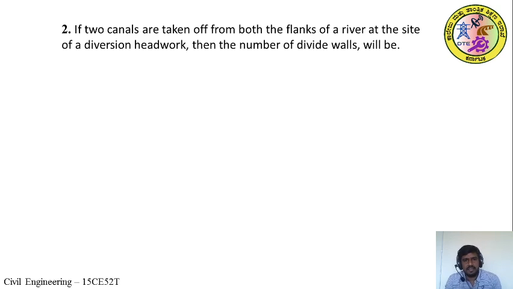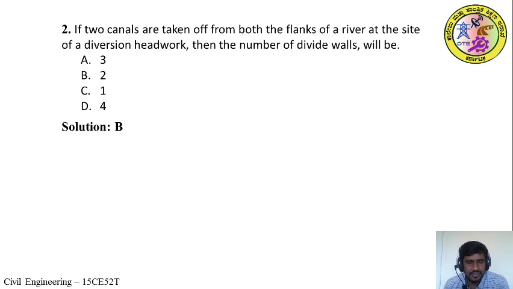So here the case is two off-taking canals from a diversion headworks. In that case, how many divide walls are required? See the options: A 3 numbers, B 2 numbers, C 1, D 4. Okay, let's see the answer. The solution is B, that is 2 numbers.